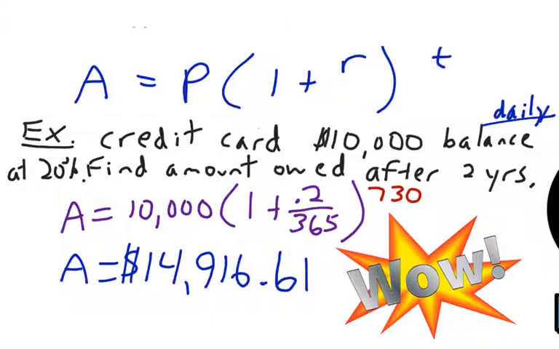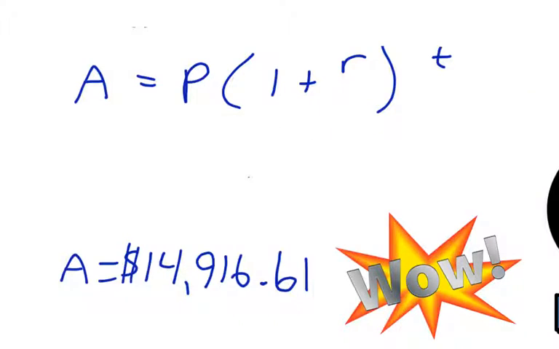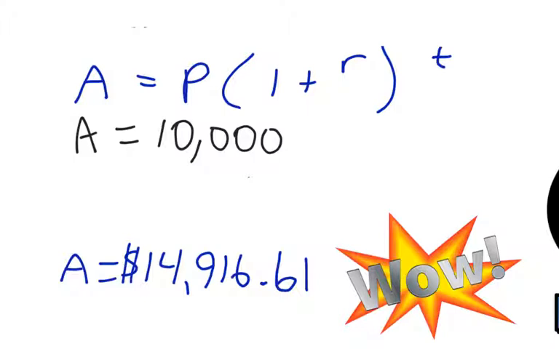And now it just looks like a normal growth formula for an exponential growth. So let's just plug it in that way and see what we'd get. So it would be A equals 10,000 times parentheses 1 plus 0.2 to the second power, because we're talking about 2 years.